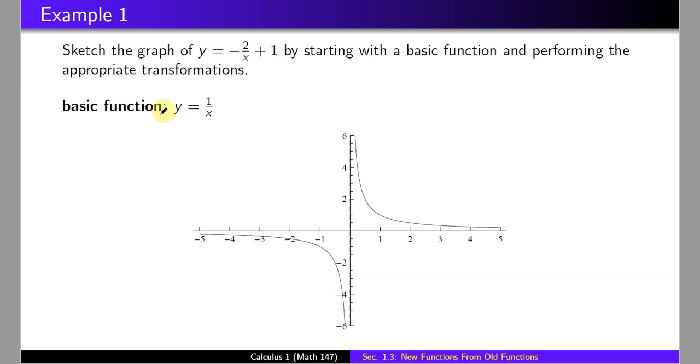Suppose we wanted to sketch the graph of this rapidly by picking out a basic function and then moving that basic function around quickly. So suppose we had minus 2 over x plus 1. The basic function that you would pick out is just the reciprocal function, 1 over x, and this is what its graph looks like right here. Notice that we have 3 transformations here.